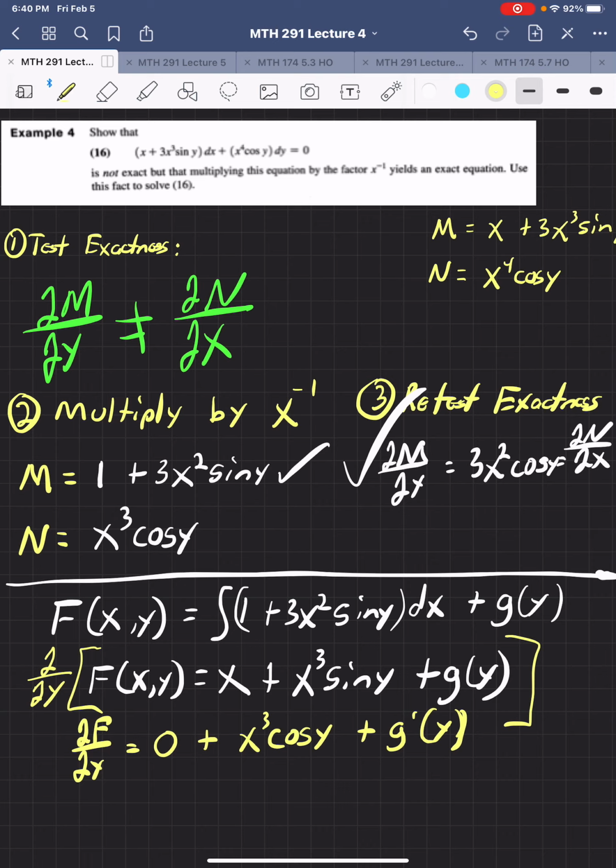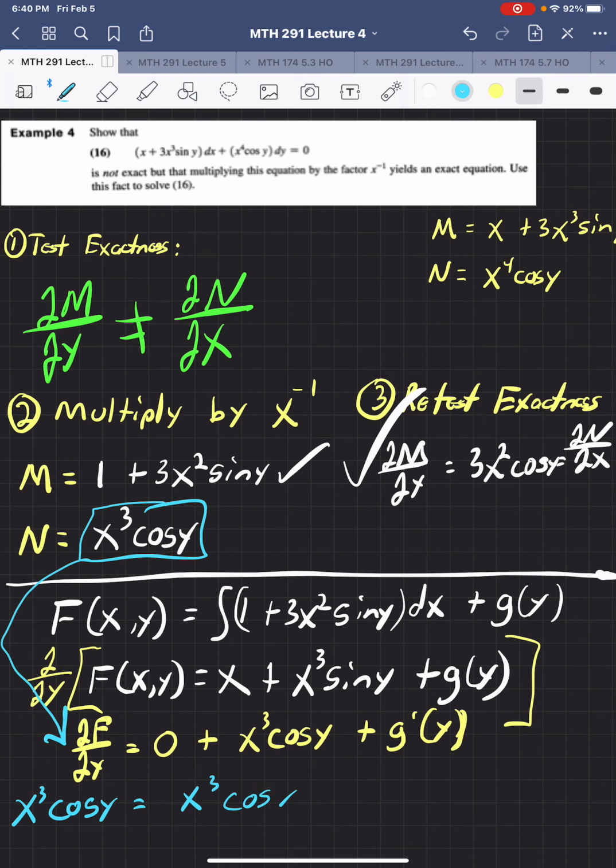Okay, so from here we're going to substitute in for the partial of f with respect to y. So let's write that. x cubed cosine of y is equal to x cubed cosine of y plus g prime of y.